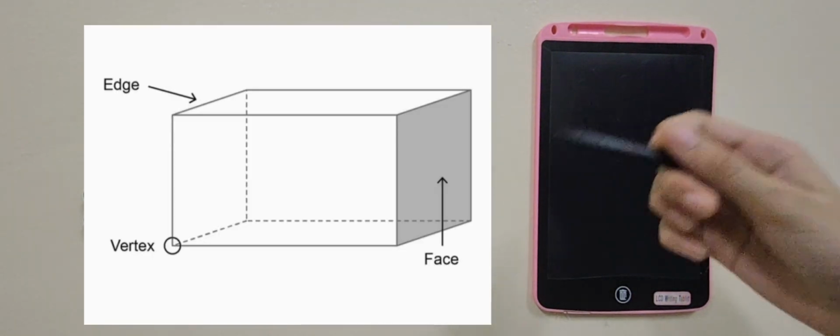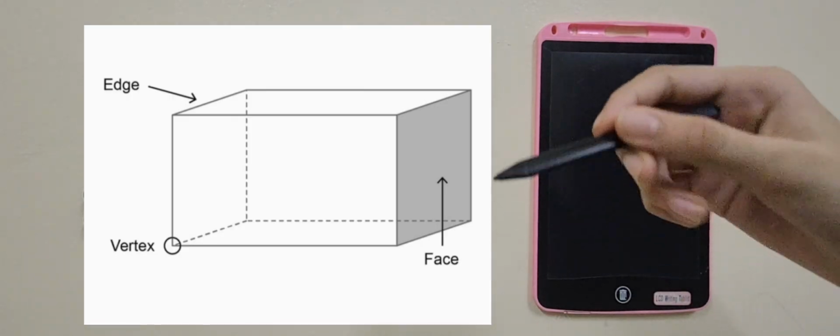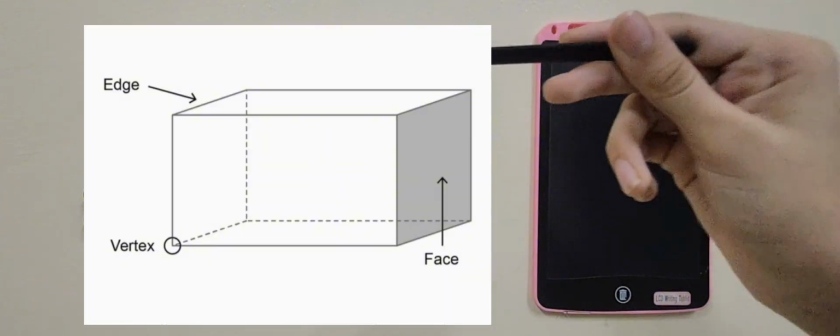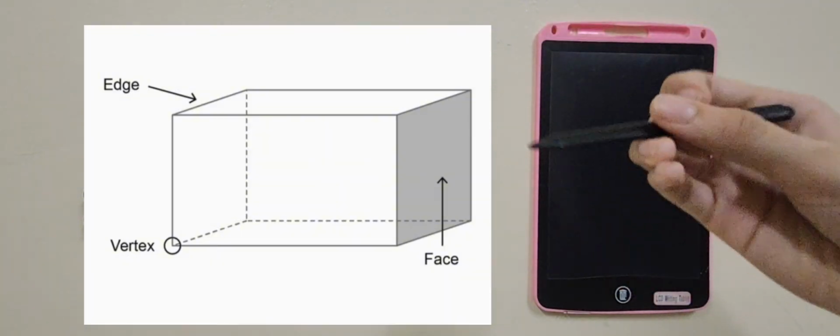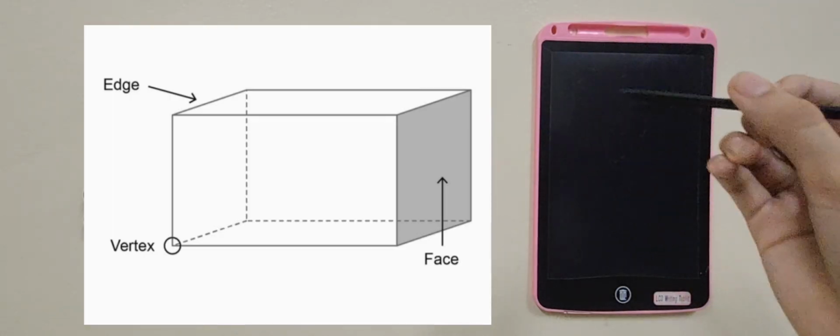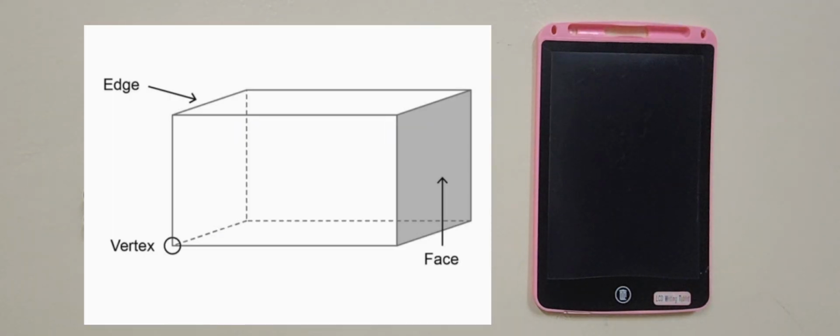Here is the picture. In this picture, we have a rectangular 3D shape, and it shows that after the three edges, there are vertexes. So you can take a look at it.